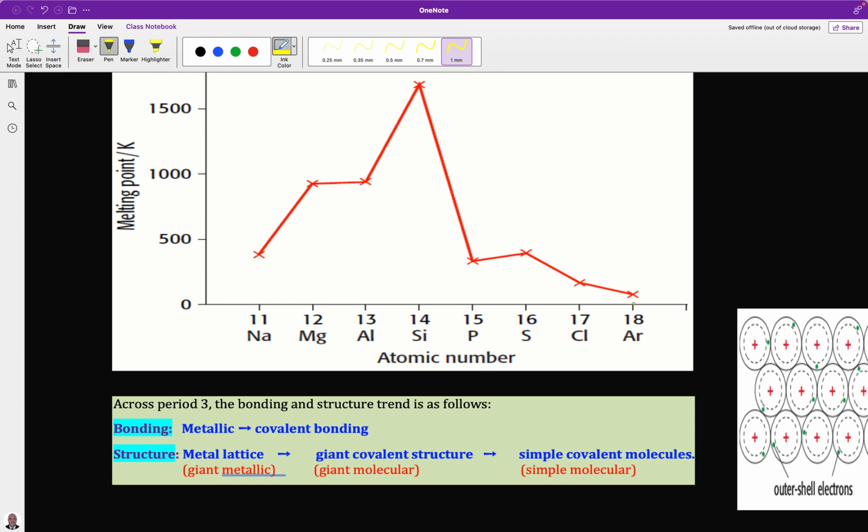I told you that phosphorus, sulfur, and chlorine are all solids with a simple molecular structure, or simple covalent structure, held together by weak intermolecular forces. For that reason, phosphorus and sulfur have a higher boiling point.